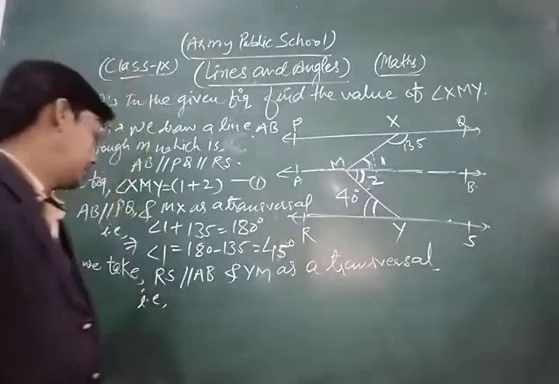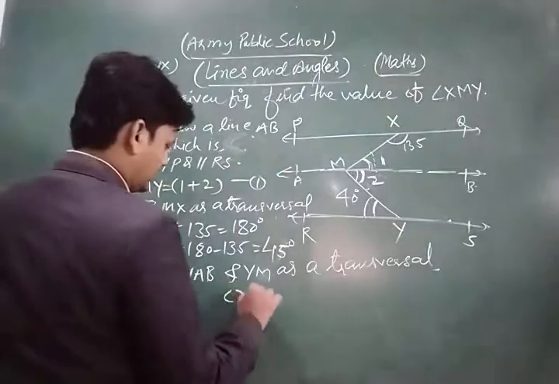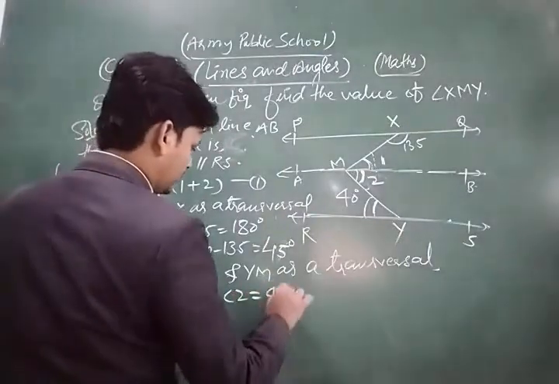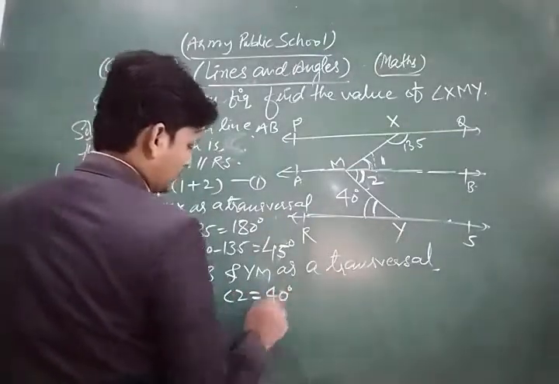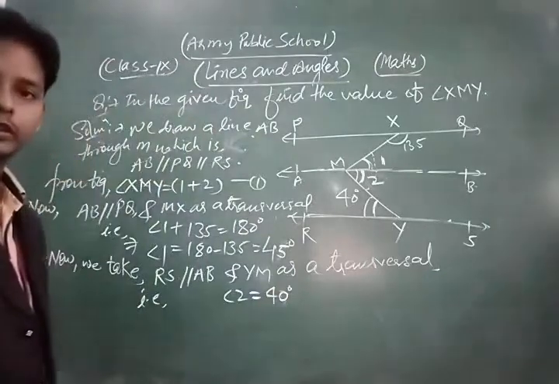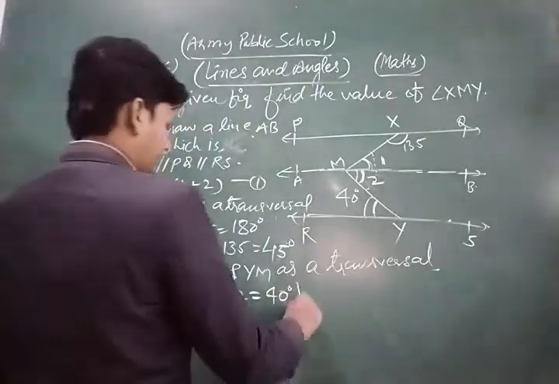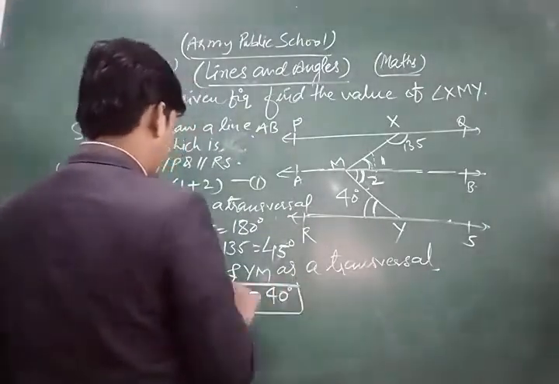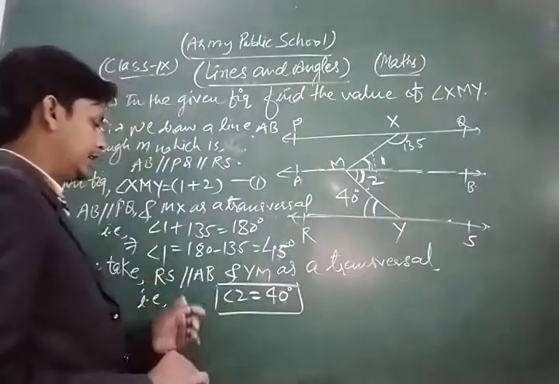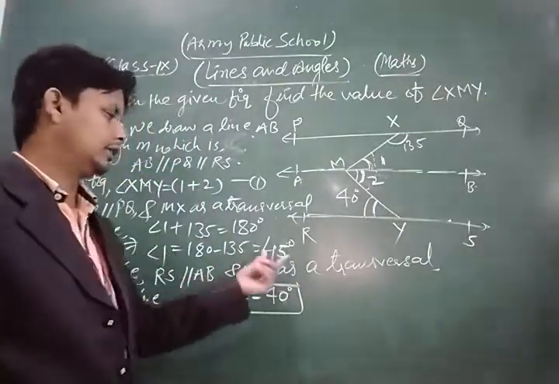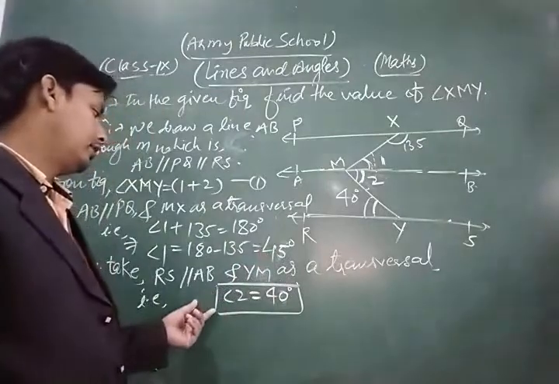So angle 2 is equal to 40 degrees. In this way, dear friends, we find the value of angle 1, that is 45 degrees, and the value of angle 2, that is 40.